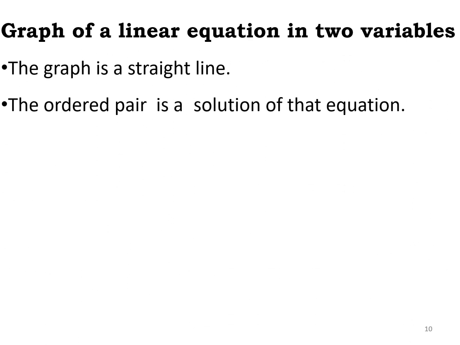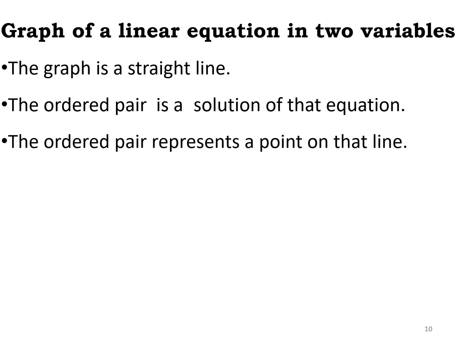The ordered pair is a solution of that equation. The ordered pair represents a point on that line. In this chapter, we will be studying the third method of solving simultaneous linear equations, that is the graphical method.